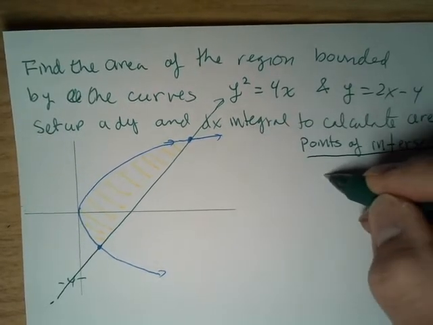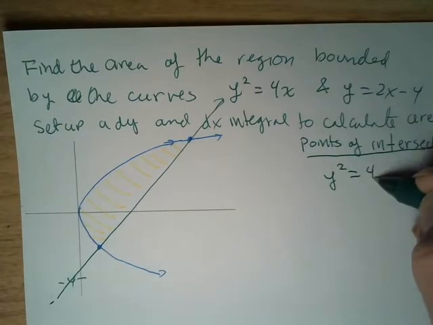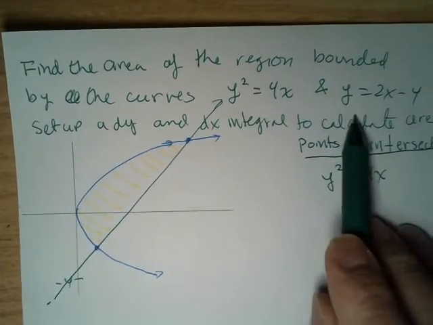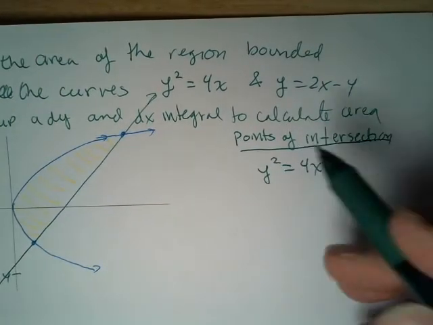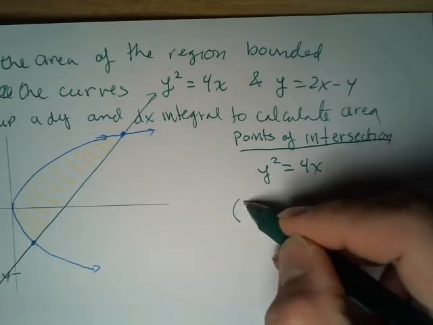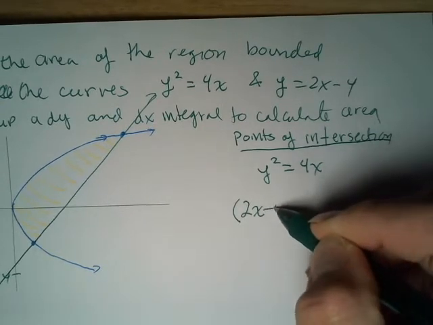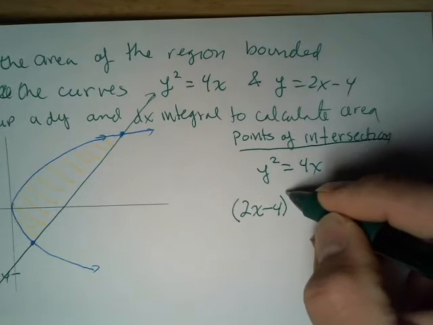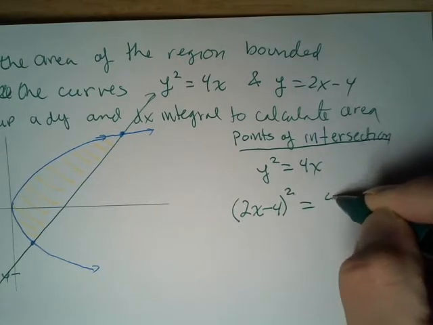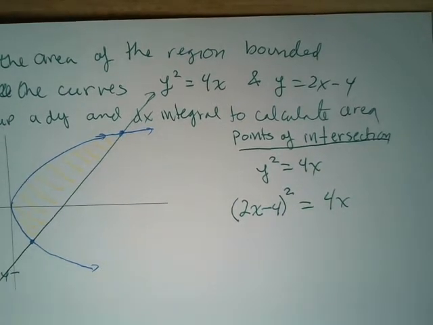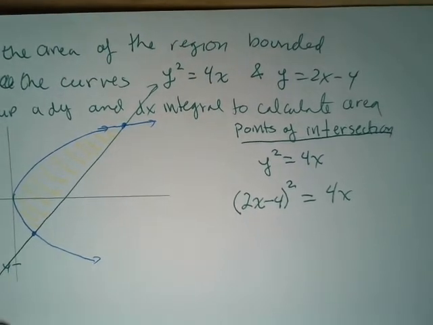Okay, so if y squared is equal to 4x, but y is also equal to 2x minus 4, doing a little substitution here. Now we have a nice equation in terms of one variable, and this we can easily solve. We're going to have a quadratic.